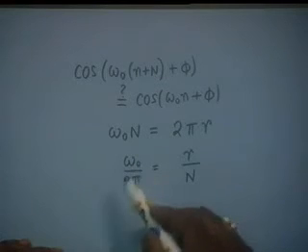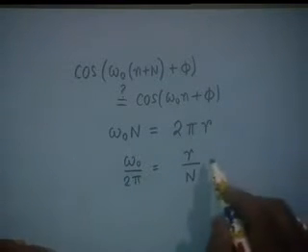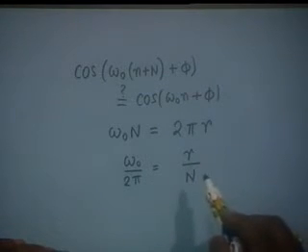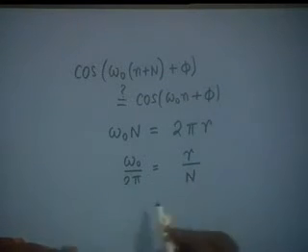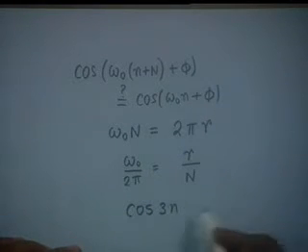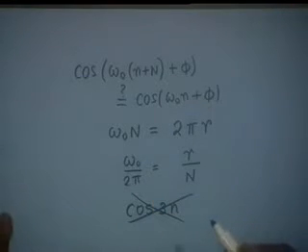Now, this is not guaranteed. Omega 0 by 2 pi being a rational number, that is an integer divided by an integer, is not guaranteed. For example, cosine of 3n is not a periodic function, because 3 divided by 2 pi is not a rational number.